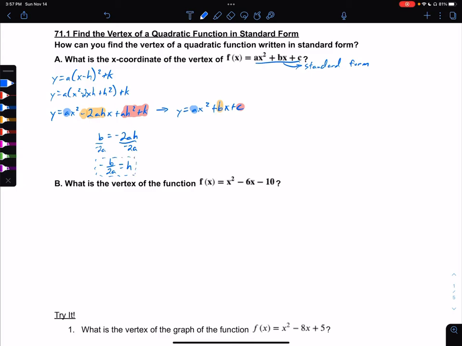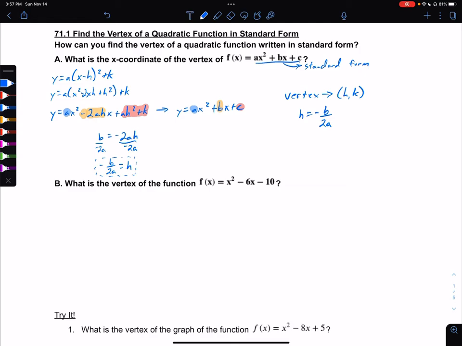The reason for that, if you remember, is that our vertex is hk. So if we want the x-coordinate, we want our h value. So h is equal to negative b over 2a.